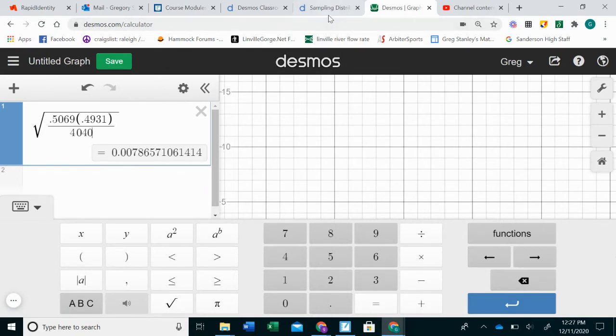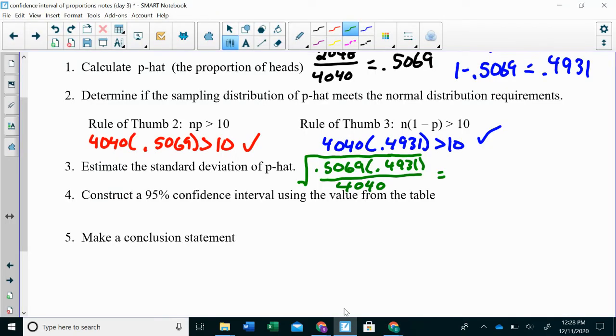Now, again, I don't want you to get lost in the words and what does that mean so much. Learn this process. So 0.0079. That is the standard deviation. Step 4, construct a 95% confidence interval.